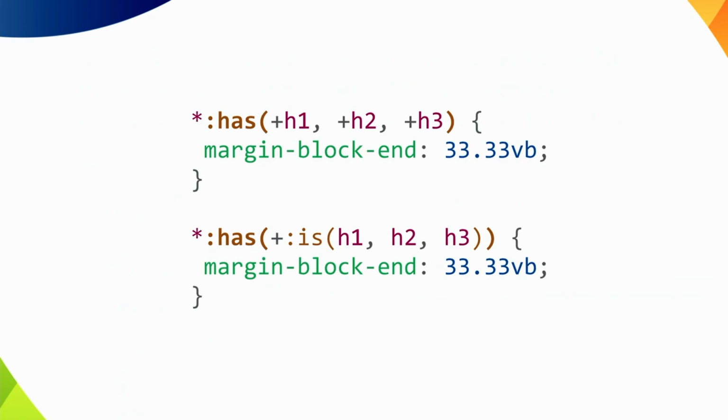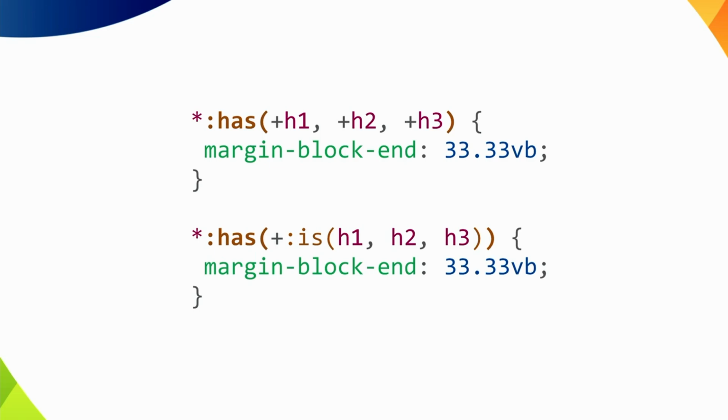And here's the same thing stated two different ways. Remember I said how cool is is? I really like is. Basically, any element whose next sibling is an H1, H2, or H3 gets an end-block margin that's essentially 1/3 the size of the block size of the viewport, which is the same as height in languages like English or French or Arabic or Hebrew.